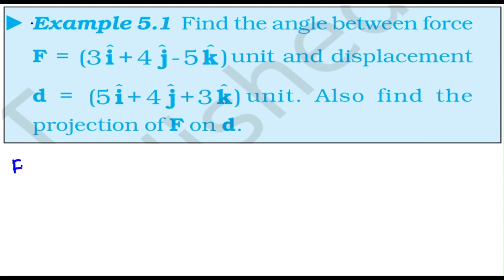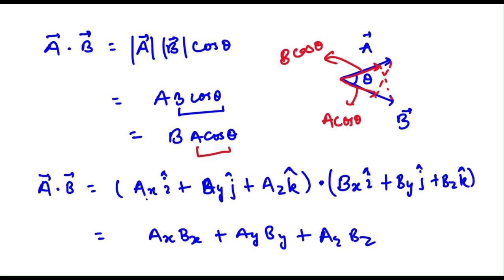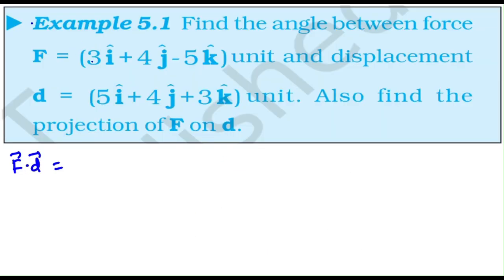So we can write F dot D, and I have already discussed component forms. It will be Fx Dx plus Fy Dy plus Fz Dz. Fx is the x component of force, this is Fy, and this is minus 5 for Fz.